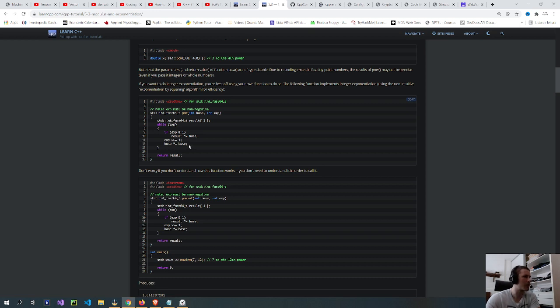I think it's stacking the exponents, because this is gonna loop until it reaches the exponent value, maybe.